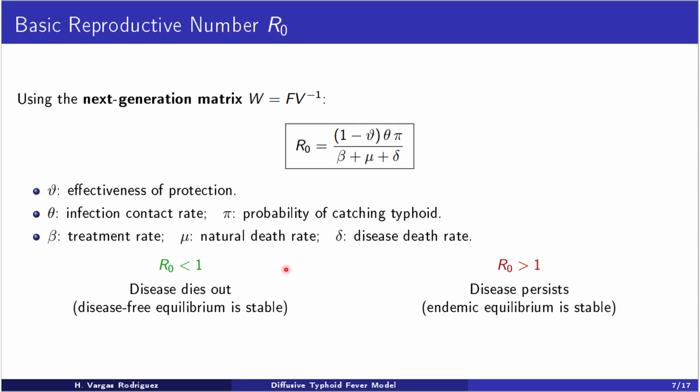If R0 is greater than 1, the infection sustains itself and the system converges to the endemic equilibrium. Notice that increasing the protection effectiveness bar theta or the treatment rate beta directly reduces R0. This is the mathematical confirmation that vaccination and treatment are effective control strategies.